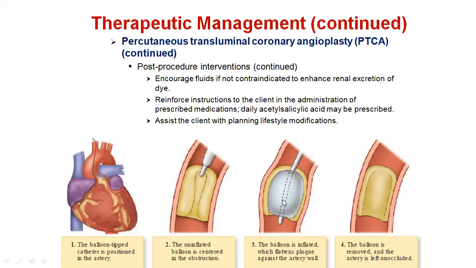Picture number 3, the balloon is inflated and the narrow artery is going to expand. Picture number 4, the balloon is removed and the artery is left unoccluded, right? So nursing care is important in case of PCI or PTCA.